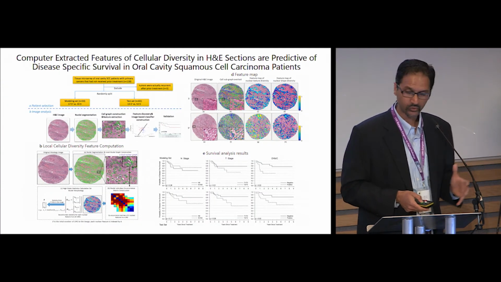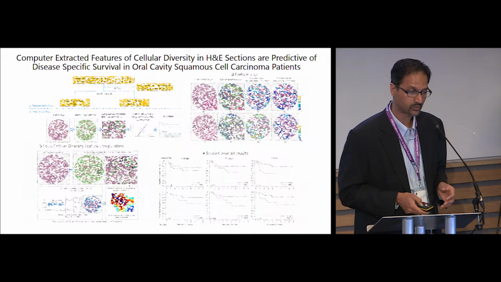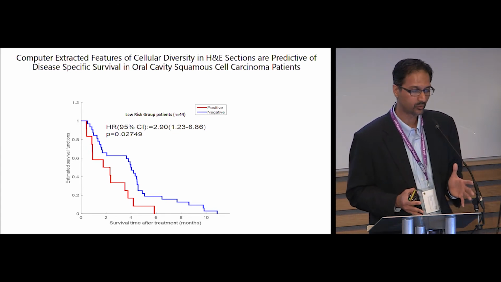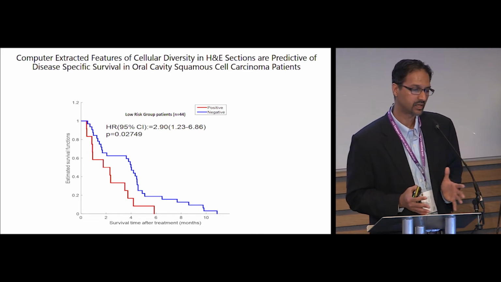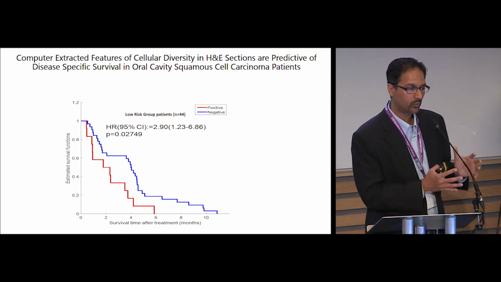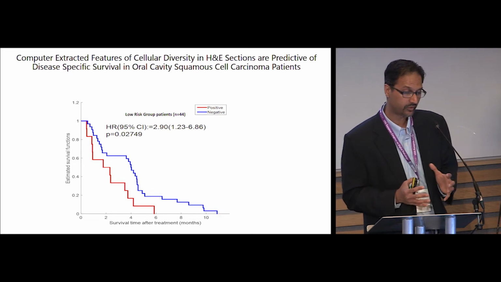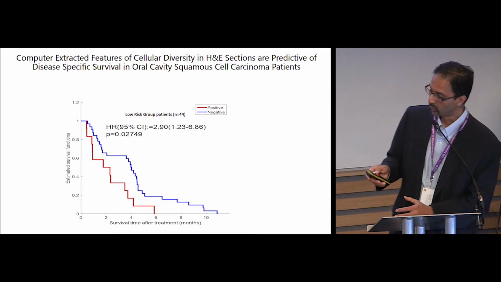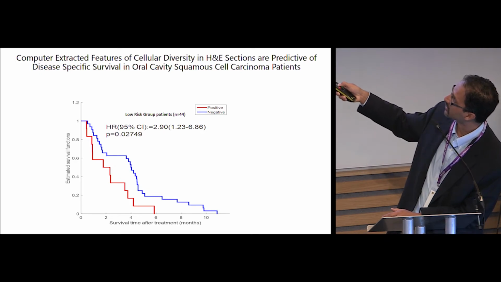There are a number of other use cases, but I think I might be running out of time here. This is work we're doing in oral cavity squamous cell carcinoma patients. We're looking specifically at a low-risk group of patients, identified by the AJCC staging criteria as being low risk. We found that features of nuclear morphology, or histomorphometric features of nuclear arrangement, were prognostic. So we actually identified within the AJCC-defined low-risk group a specific subset of patients that actually had high risk.